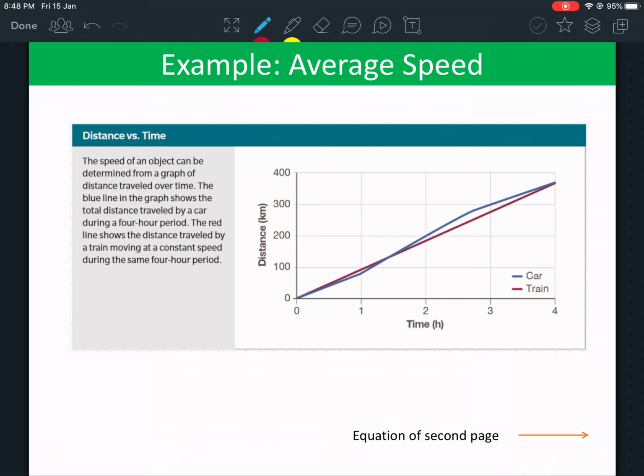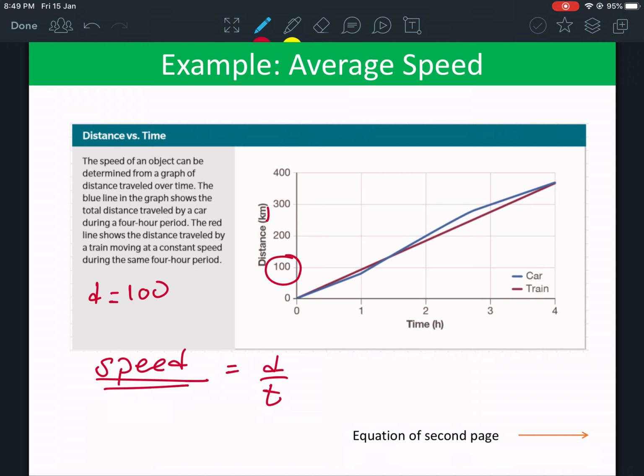If I ask you to calculate speed, and you know that speed equals distance over time, and I say please calculate speed at distance 100, because we have this table here, you have d equals 100, and the unit of measurement is kilometer. So how am I going to get the time? You're going to have to use this table.